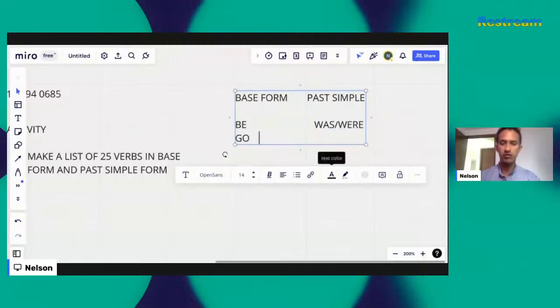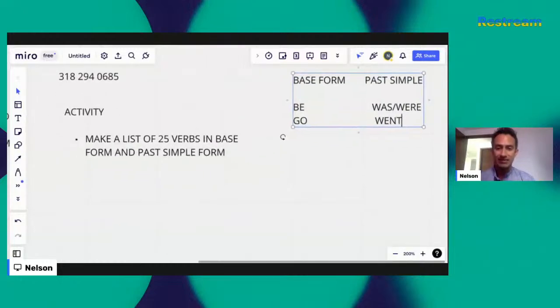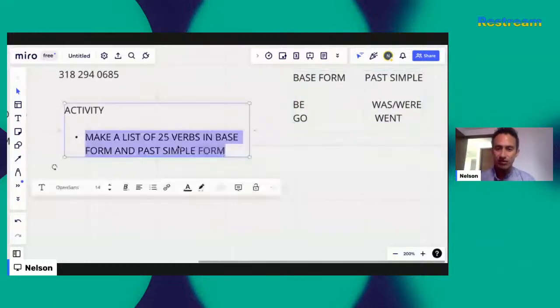Let's say go, and then in the past simple, went, and etc., until you have 25. So you will make a list of verbs in base form and the past simple form. This is an individual task.